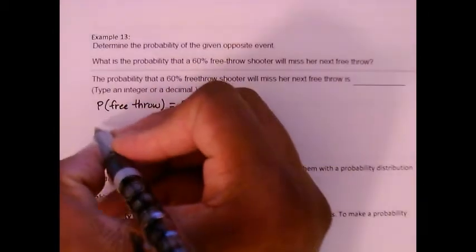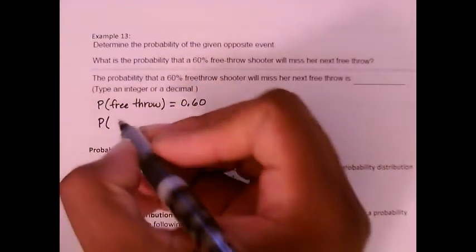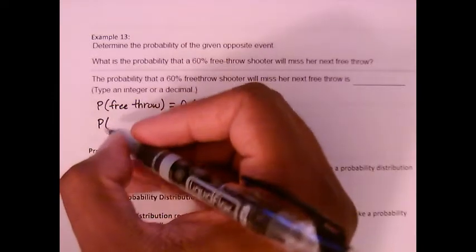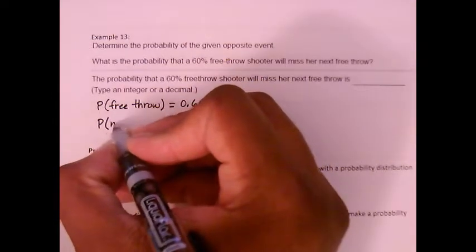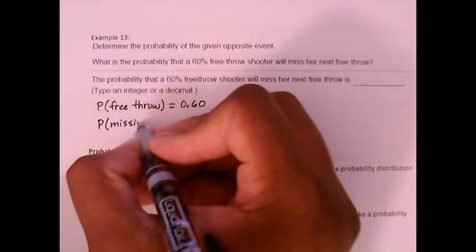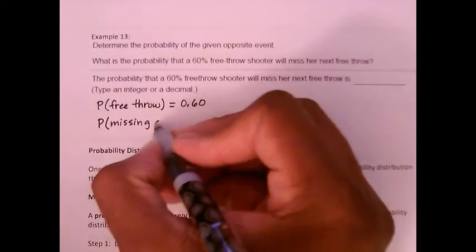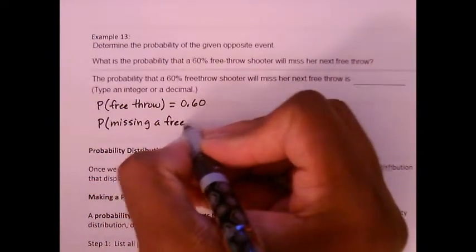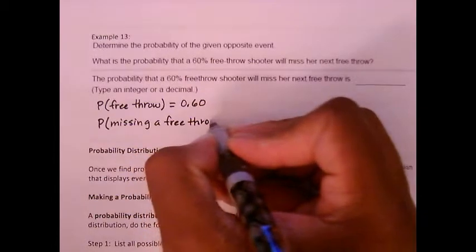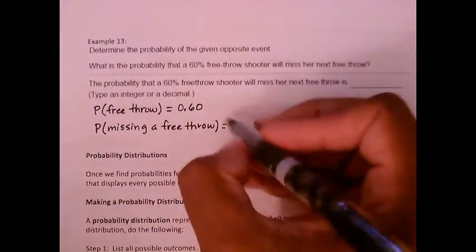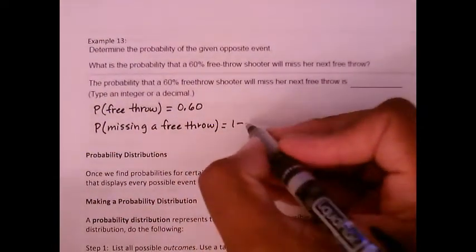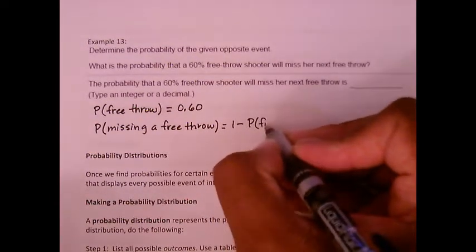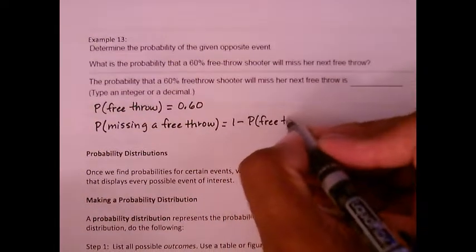Now, missing a free throw would be the opposite of making a free throw. So the probability of missing a free throw is 1 minus the probability of making a free throw.